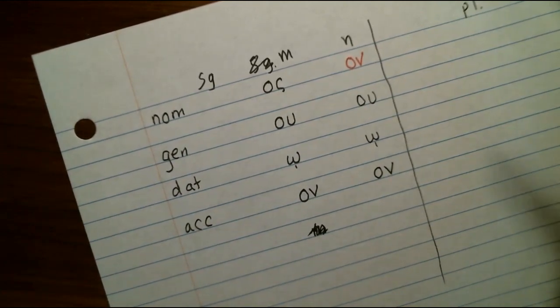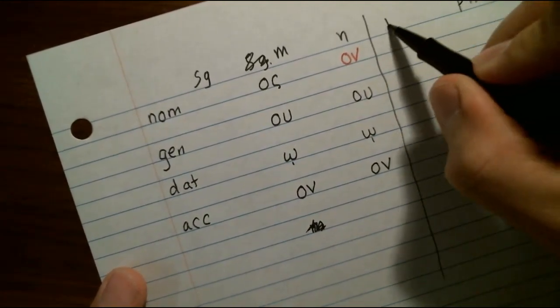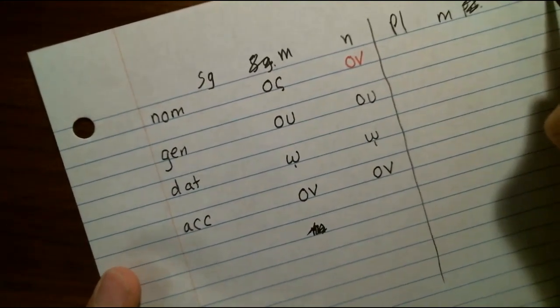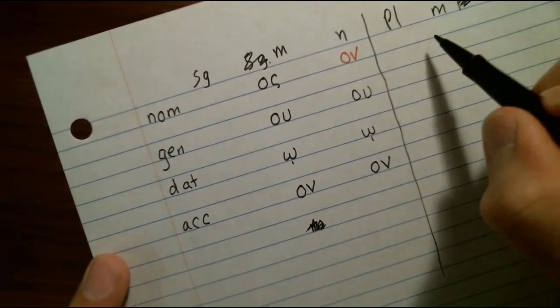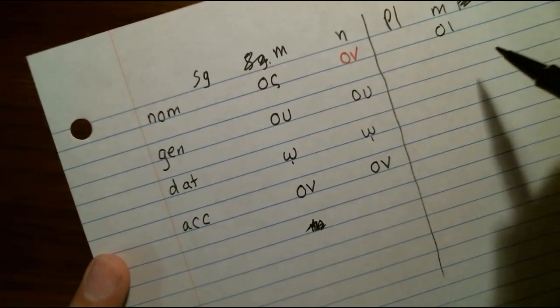Let's do the plural. We'll do the masculine first. Let's move that over so we're somewhat consistent with our formatting. The nominative plural is going to be -oi for the masculine.